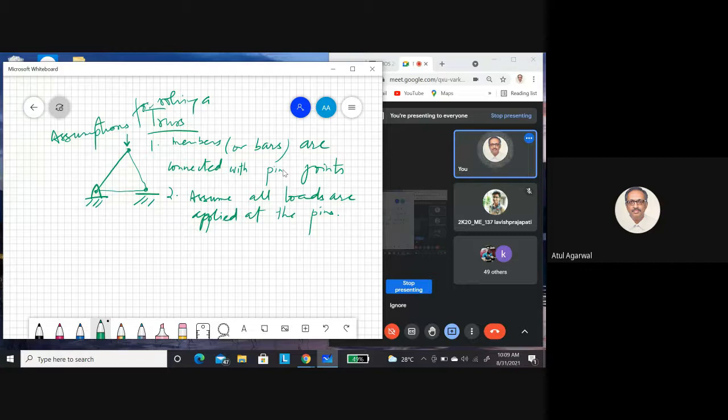So you have got bar A, B, C. This is a hinge support. This is a roller support.